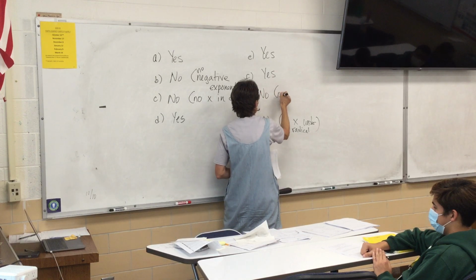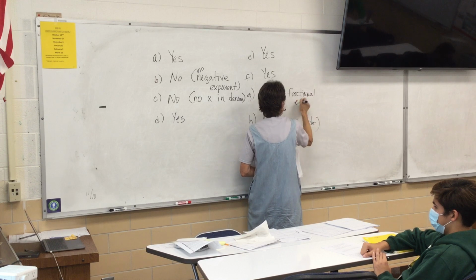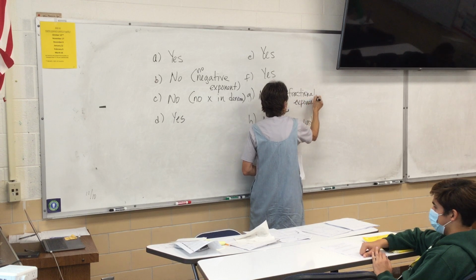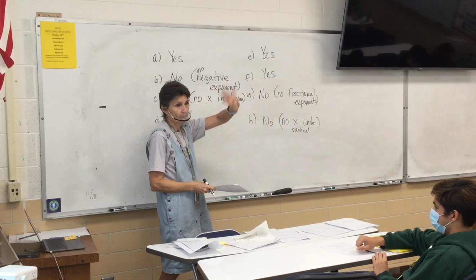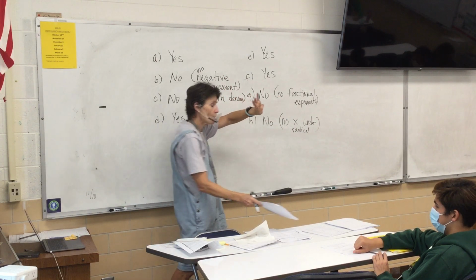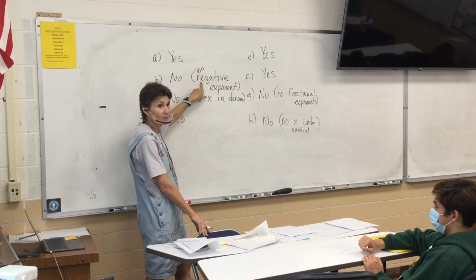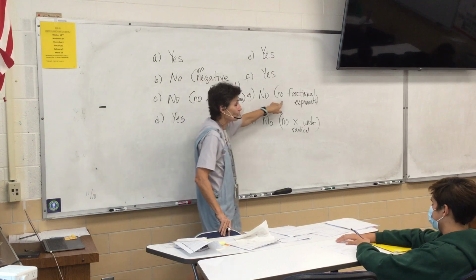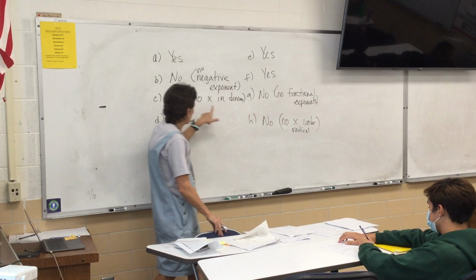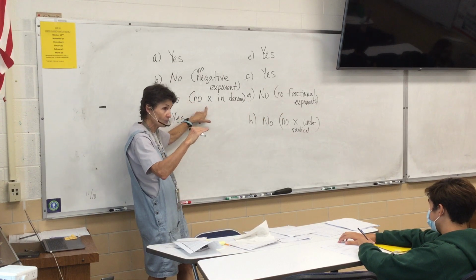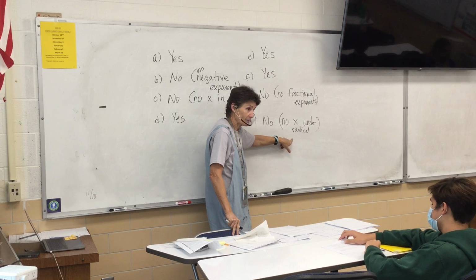It's a no. The rule is no fractional exponents. So basically there are 4 no-nos. The 4 no-nos are no negative exponents, no fractional exponents, no x in the denominator, no x under a radical.